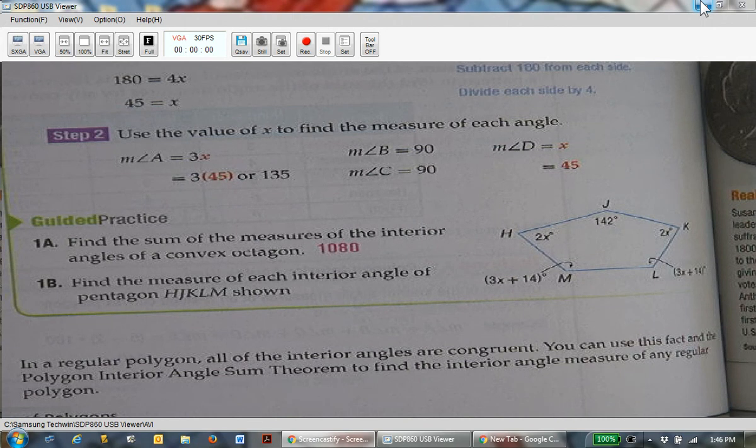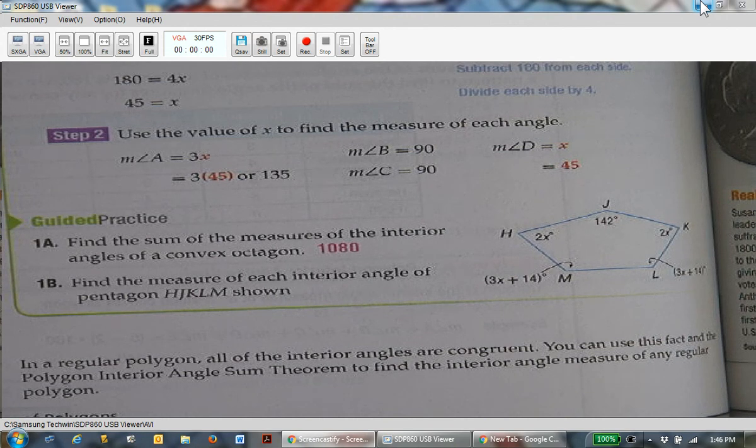X is equal to 37. Good. Well, that's right.